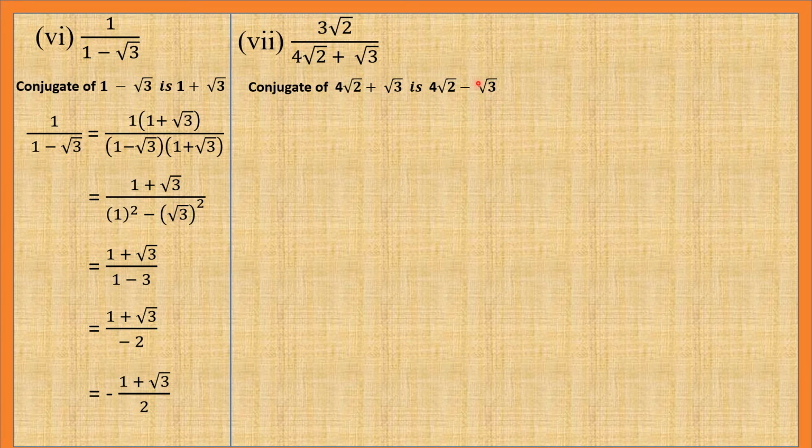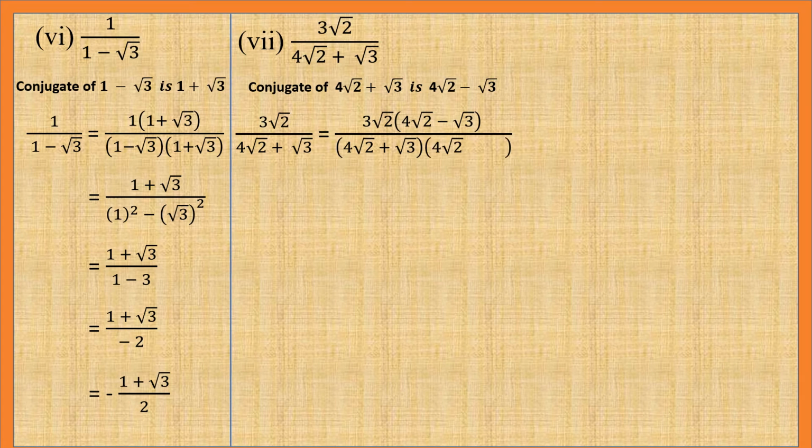So we multiply the numerator and the denominator by the conjugate: 3 root of 2 times the conjugate, and 4 root of 2 plus root of 3 times the conjugate.